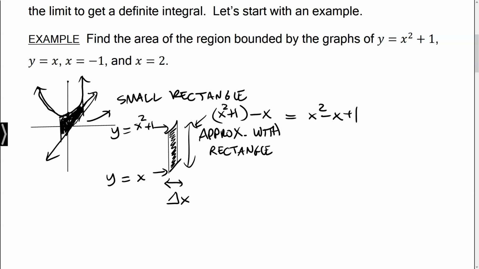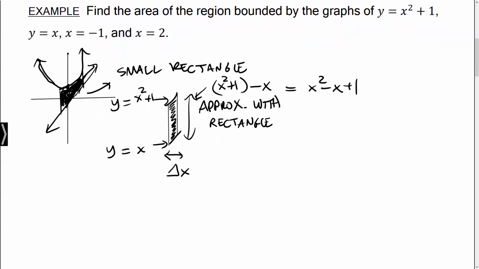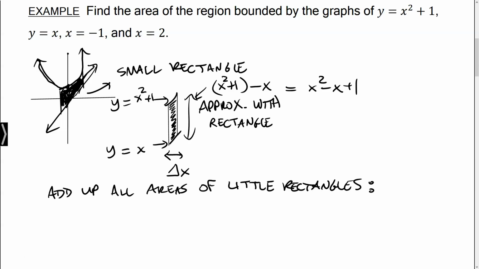So then, what do we do after this? Well, we want to add up all the areas of the little rectangles. I'm going to skip a little bit of the steps here. What I'm going to do is just write what would be the form of the Riemann sum, because you should be familiar with the Riemann sums you did from integration before.